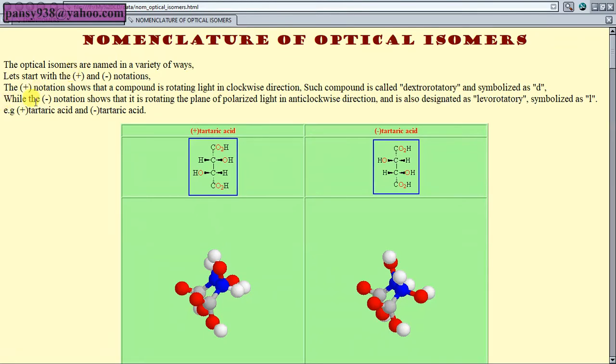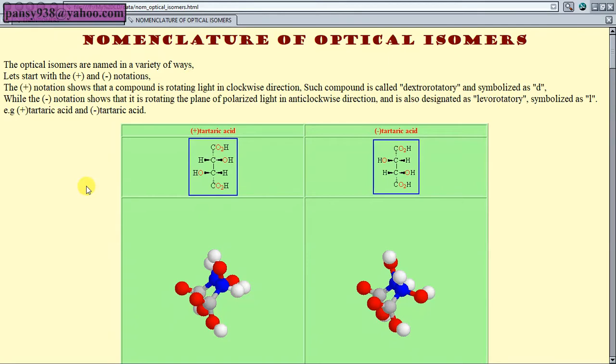Remember that the positive notation shows that a compound is rotating light in a clockwise direction, or the compound is dextrorotatory and symbolized as small d, while the negative notation shows that it is rotating the plane of polarized light in an anti-clockwise direction and is also designated as levorotatory, or symbolized as small l.